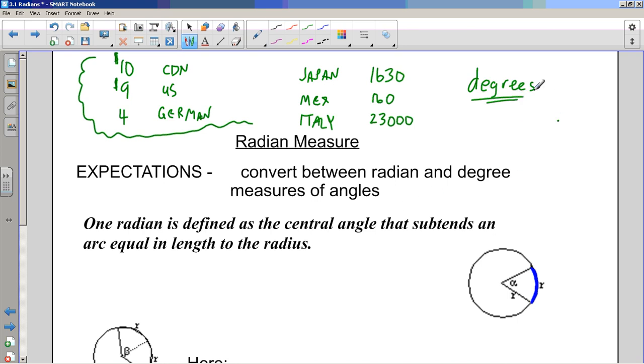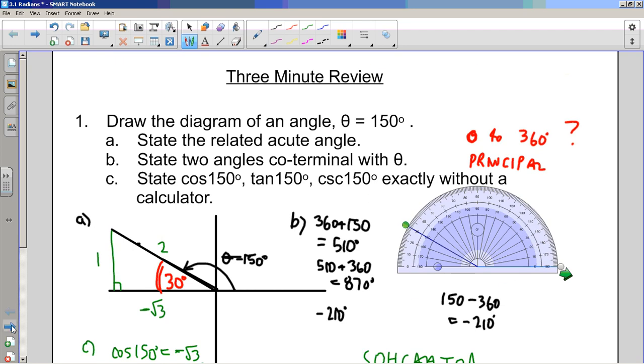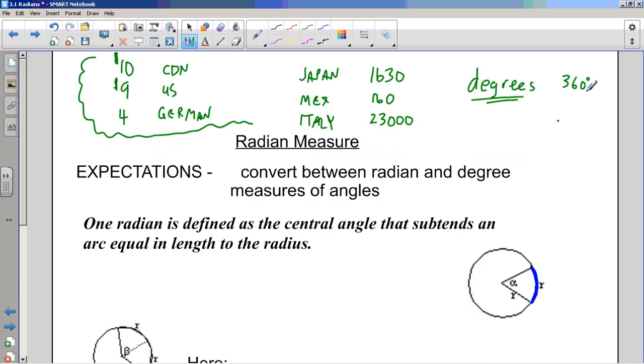We know in a circle there's 360 degrees, and that kind of defines what our protractor's about. All the way around is 360, so a protractor's got 180. Have you ever wondered why it is 360? Why isn't it 100 degrees in a circle, or 10, or 17, or 4,000, or 23,000? Why 360? Well, that's a good question. It's not a very mathematical answer.